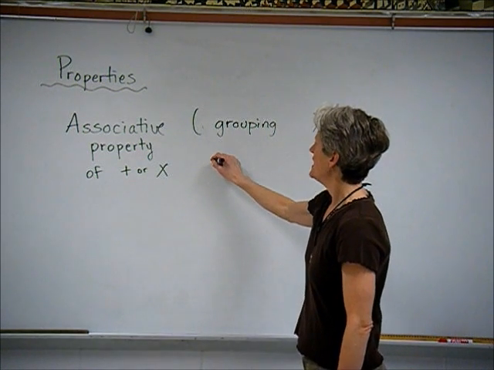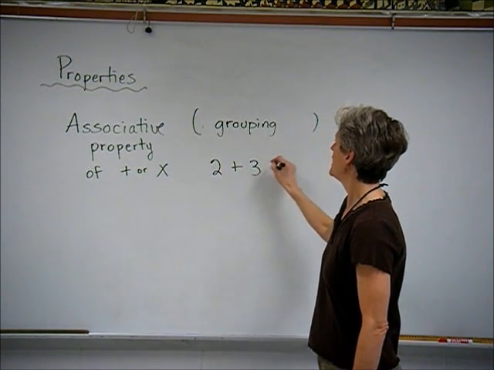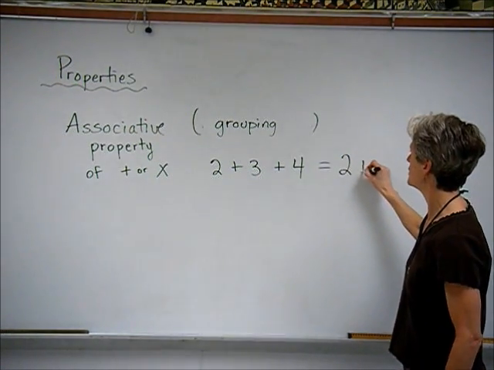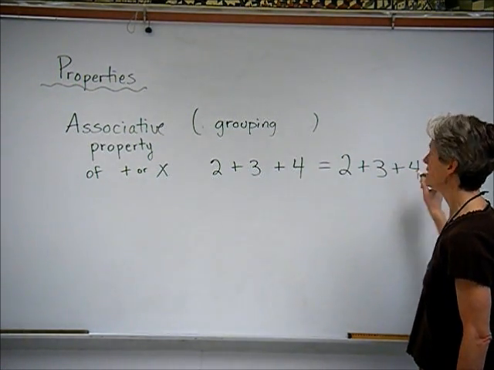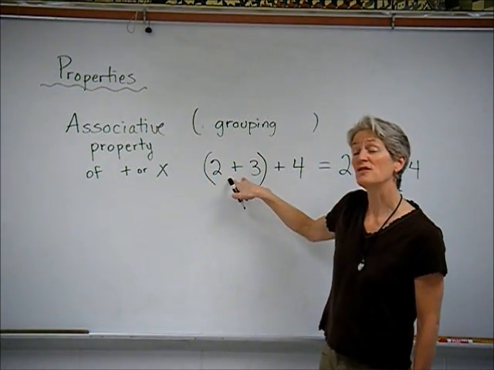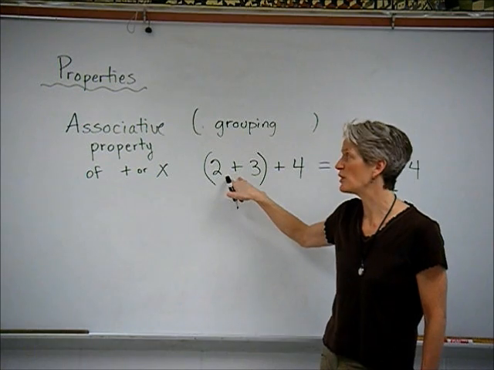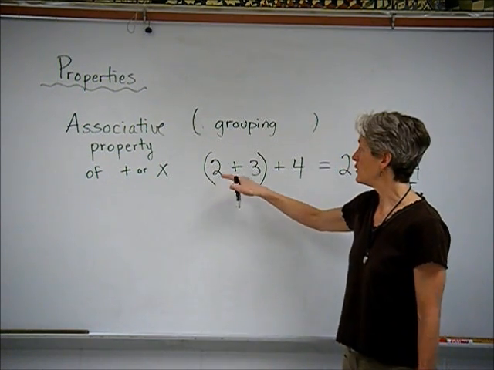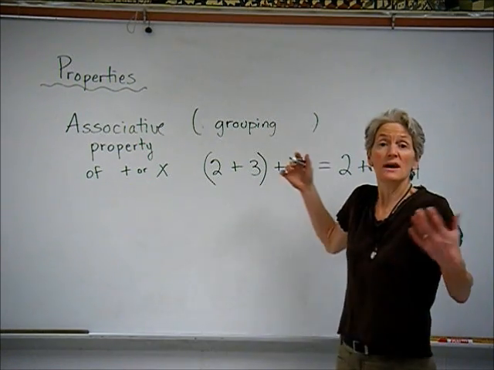For example, if I have 2 plus 3 plus 4, I think you'll agree that that equals 2 plus 3 plus 4, right? Now, I can use parentheses to associate 2 plus 3, to group those together. Does that change anything? No. 2 plus 3 is 5, plus 4 is 9.